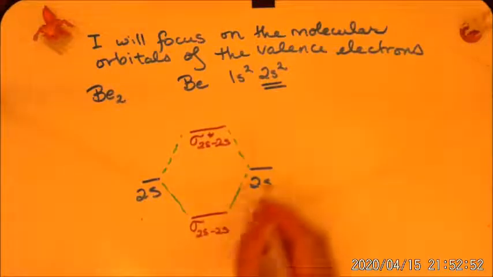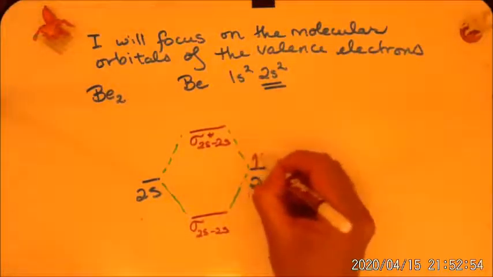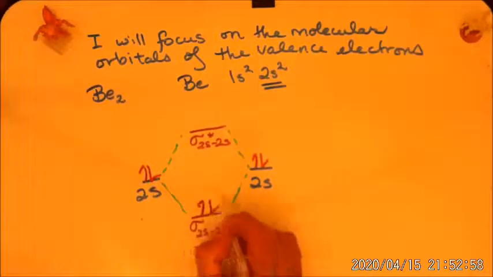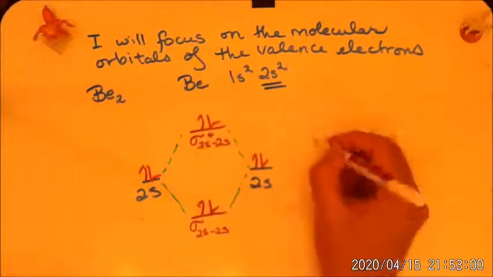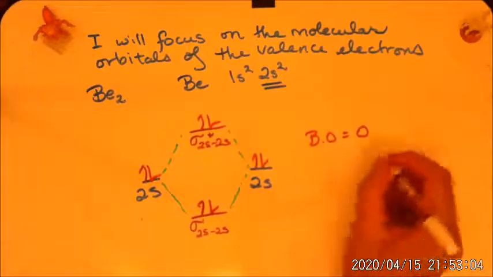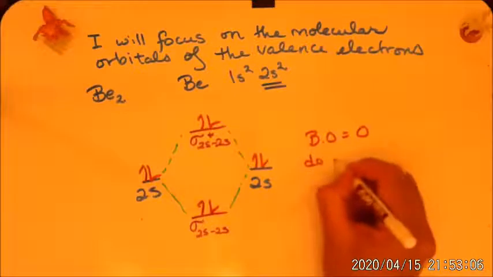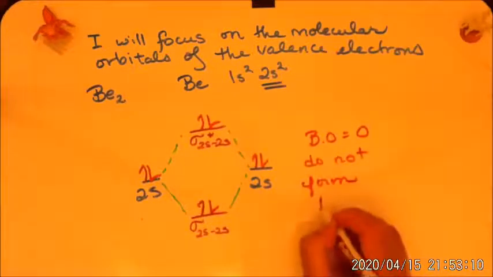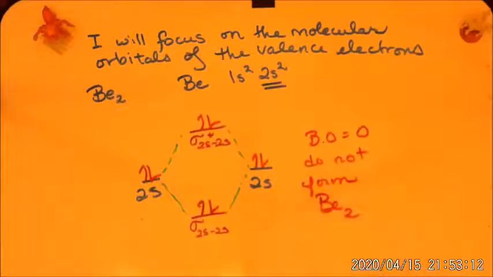Okay? We have 2s2. So my bond order is equal to 0. So we do not form a diatomic beryllium molecule. Okay?